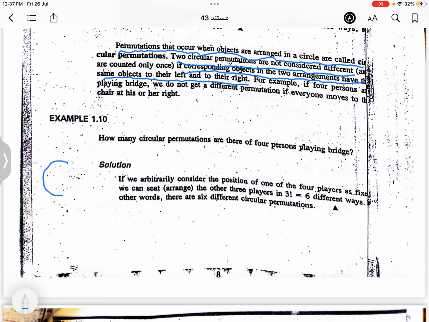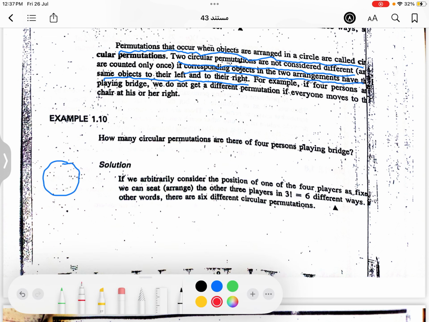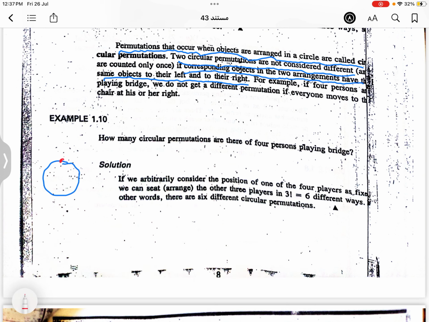Suppose you have a circular table, and you have a visitor who wants to sit at the circular table in order to have lunch. You can consider this visitor as the corner, and you can begin to count from his right or from his left.